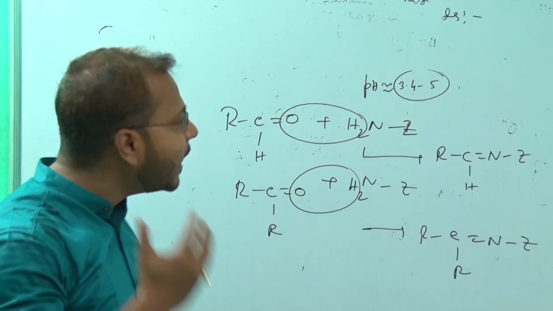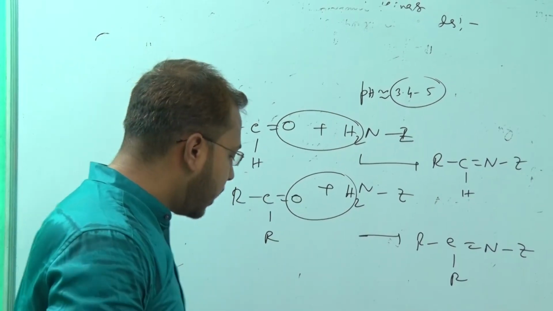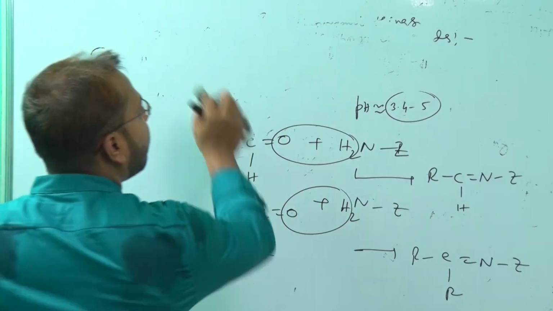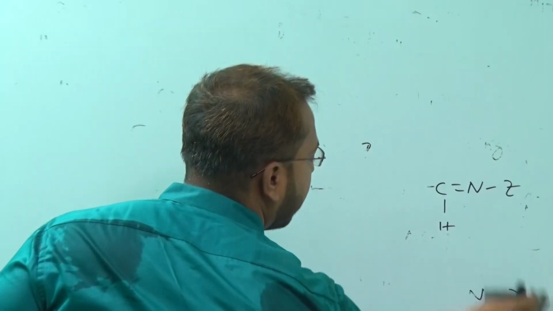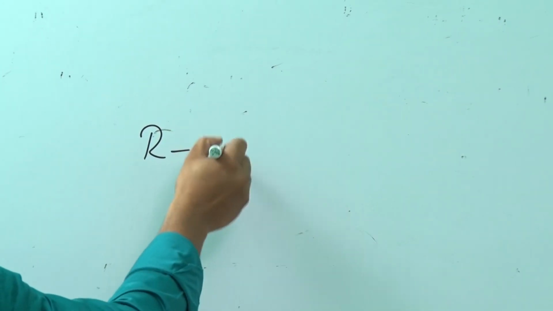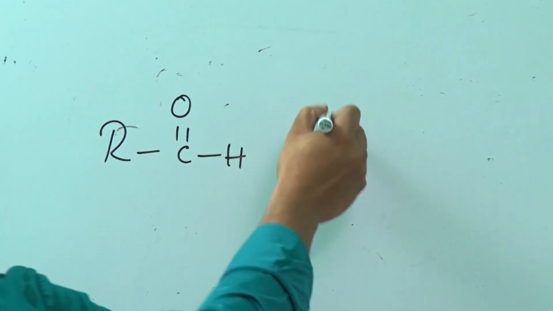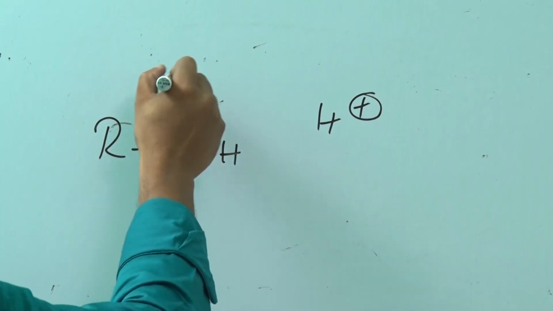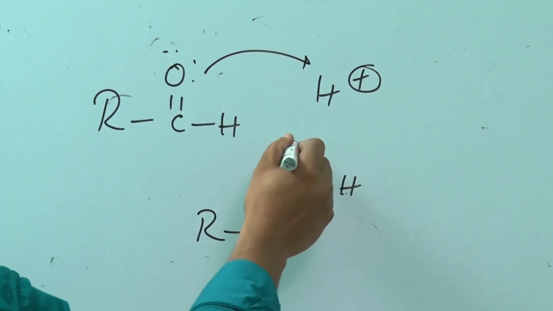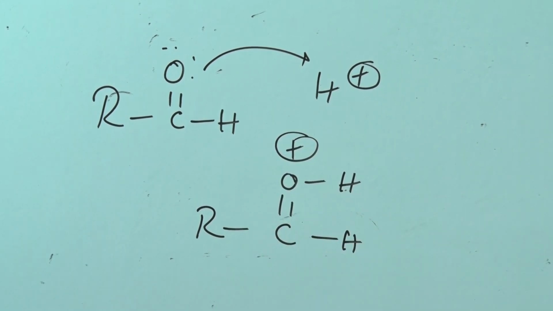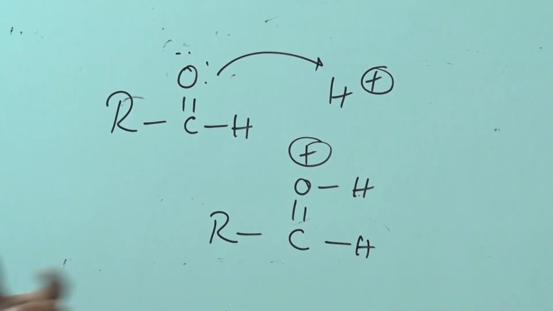So why is the moderate pH maintained? Because we need to see the mechanism part. This is the short trick. If the reaction takes place in acidic medium, then the medium obviously contains some H+, so a protonation would be there, and between carbon and oxygen which one is more electronegative?